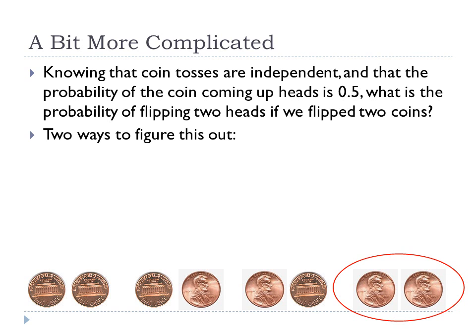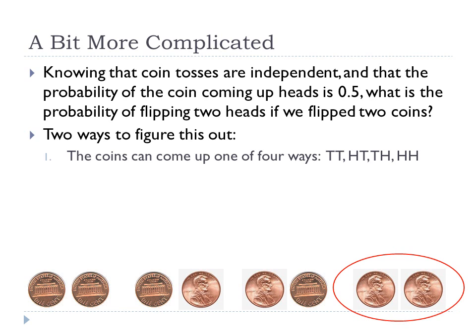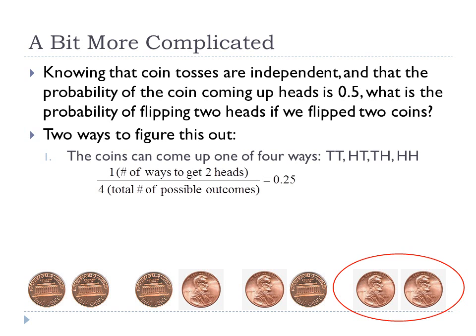Right? So we can do the math again. We can actually figure this out 2 ways. We can say, what are all the possible outcomes of those 2 flips of the coin? So there are 4 possible outcomes: tails tails, heads tails, tails heads, or heads heads. Right? There's only one way to get that outcome that we're interested in, the heads heads.